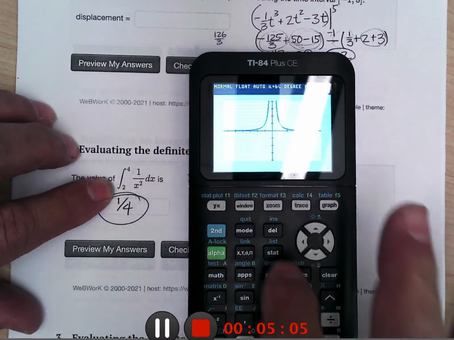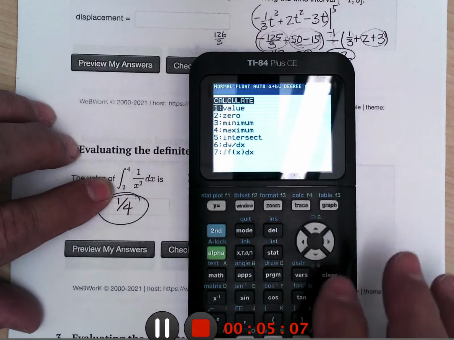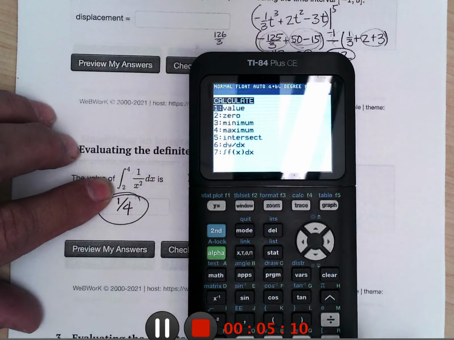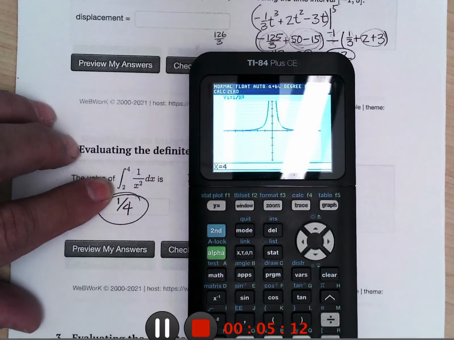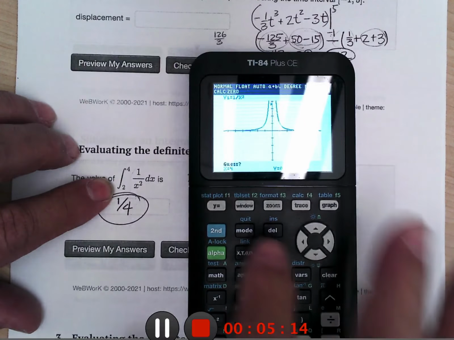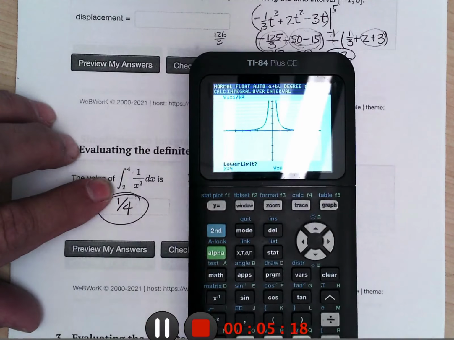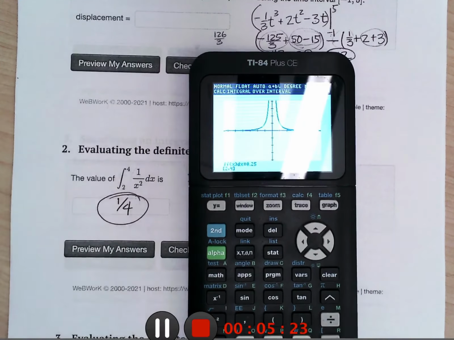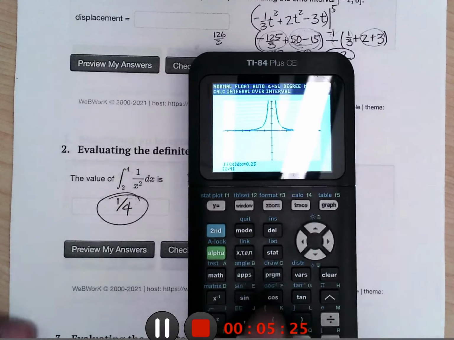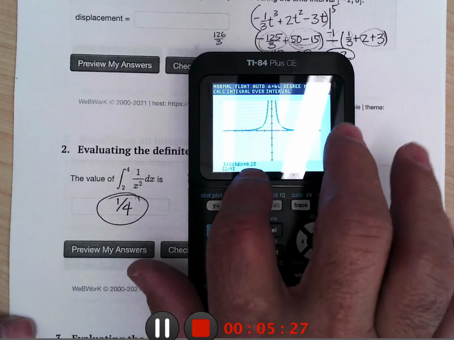Second, calculate the area from 2, enter, to 4, enter. Nope, did the wrong one. Second, calculate area, number 7, between 2, enter, and 4, enter. And it says that's a small area there, and it says it's 0.25, 1/4.